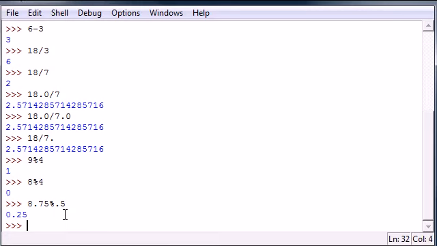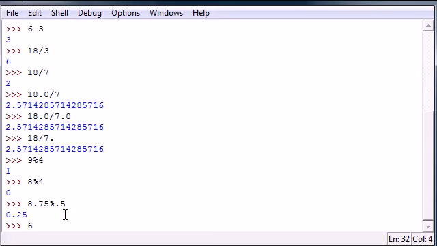You have 0.25 left over. So that's how you use the modulus, and again, the modulus is just the remainder of whatever is left when it divides it by the denominator.